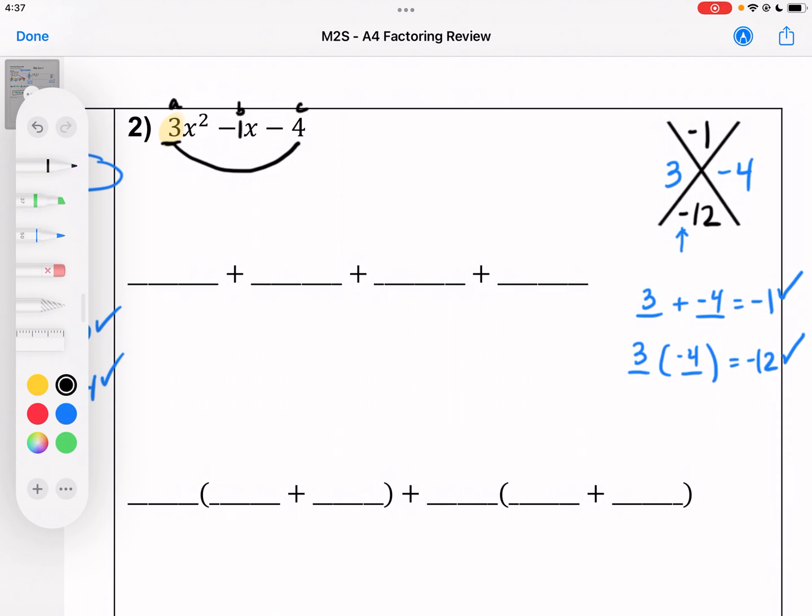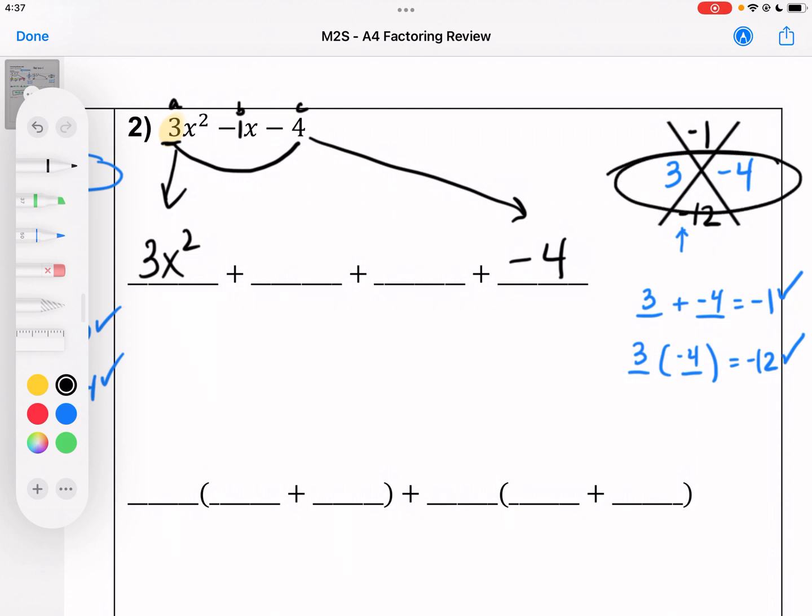Okay, so remember, put the first number down, so 3x squared. That last number goes on the end, so -4. So these, just like that. And then I'm going to put the two numbers right in the puzzle on the next line. So we've got 3x, so we'll put the x on, and -4x. And then we split it. Ka-chow.